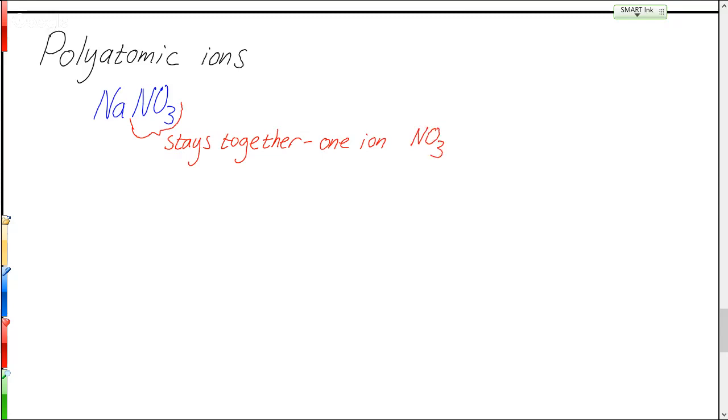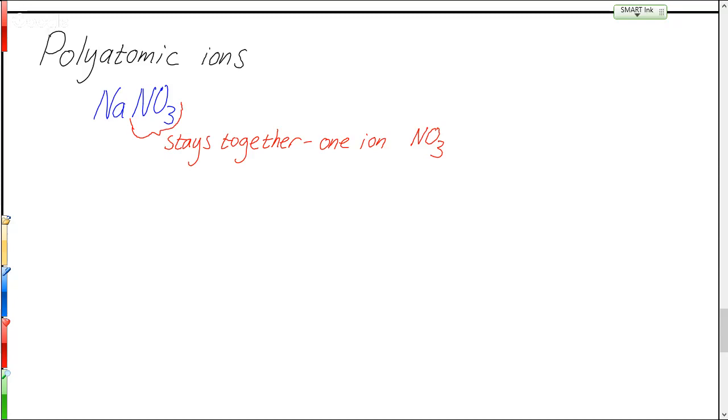And what would the charge on that whole ion be? Any idea? If that has to all stay together as a whole ion, what would its charge be? I'll give you a hint. NaNO3 has to be neutral.